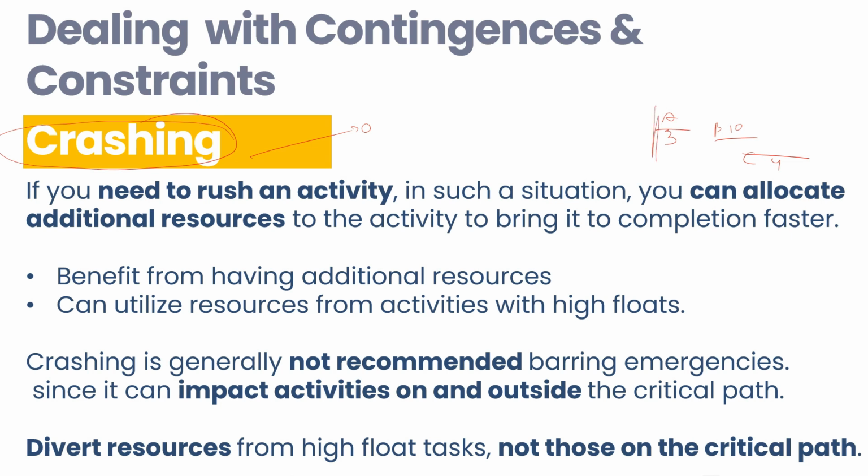If you want to complete those activities, you will move some resources from here to here, and maybe from here to here. So you're moving resources from various activities and putting them on one focus activity to complete it, in case it's required. That's what the process is called, crashing. You take out resources and put them on a particular activity to complete that activity.